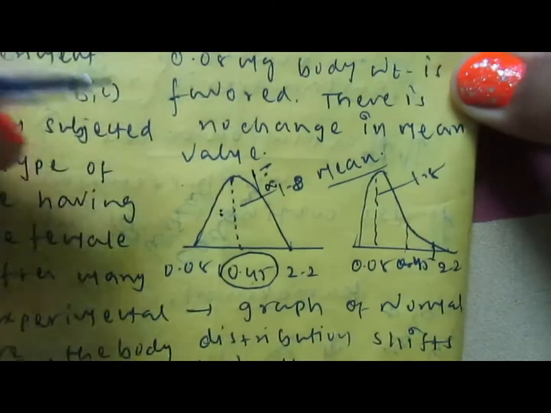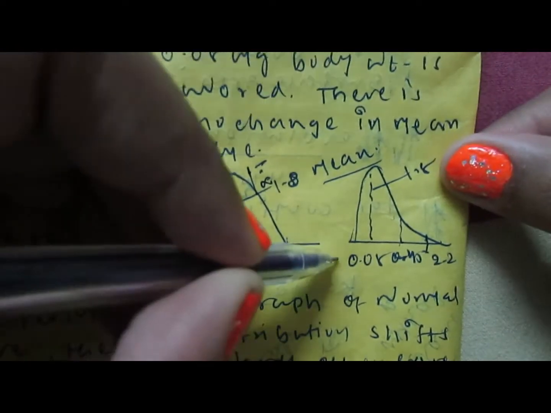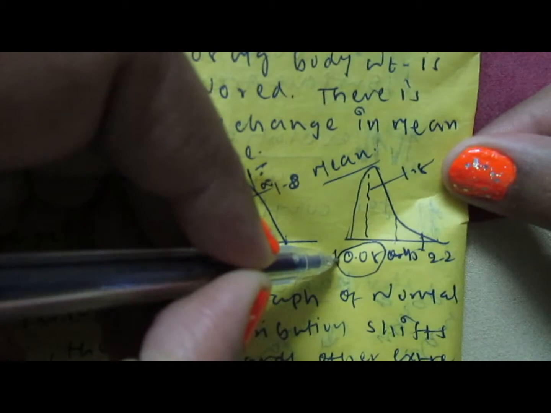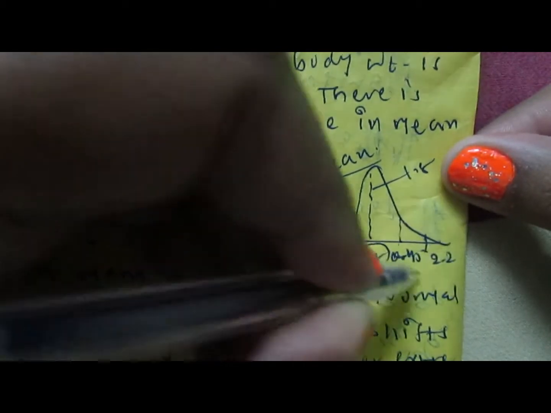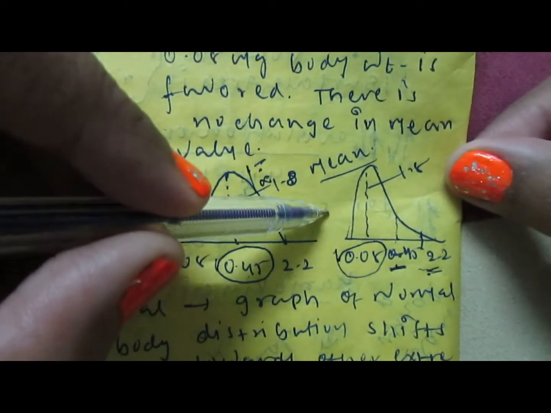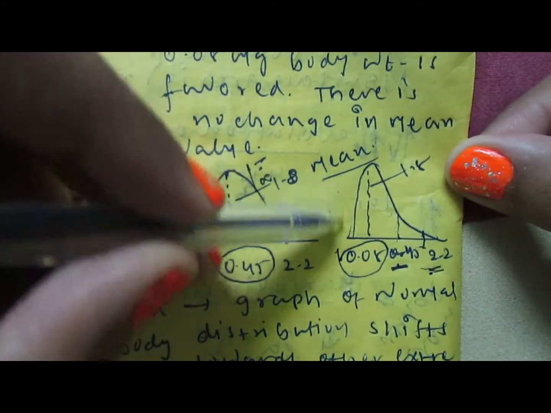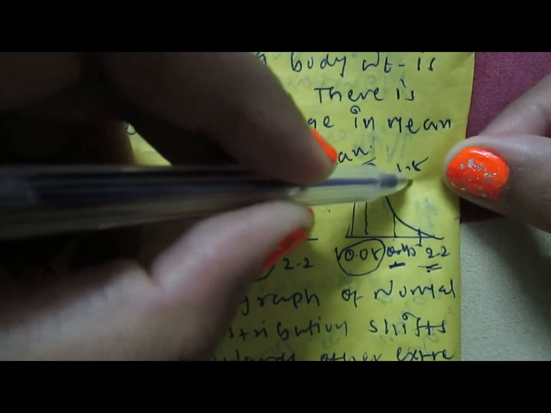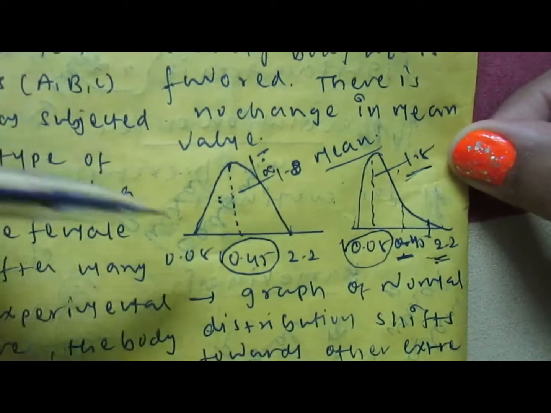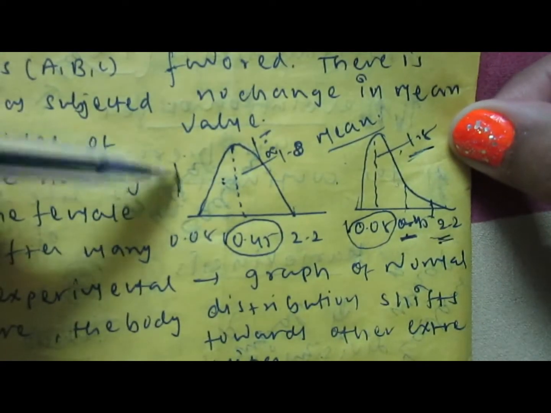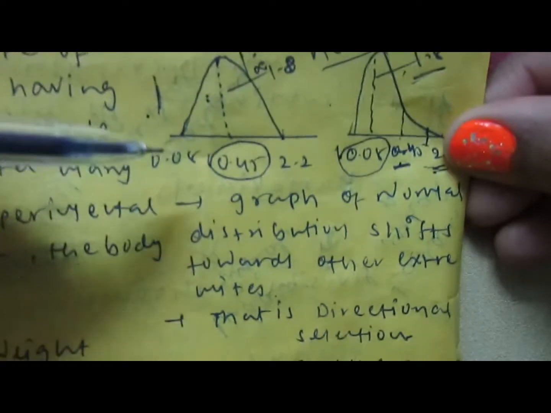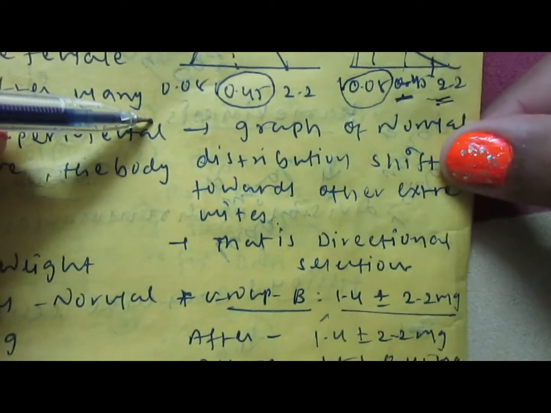Okay, and after selection pressure, Drosophila fruit fly of 0.08 milligram is favored, whereas 0.45 and 2.2 milligram body weight fruit fly is not favored. And in this case again mean is unchanged, that is 1.8. Okay, so from this distribution we can clearly understand that such kind of selection is directional selection.